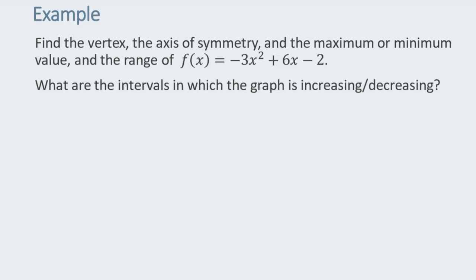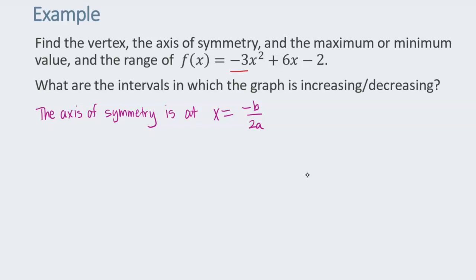Let's start by finding the axis of symmetry. The axis of symmetry will occur at x equals -b over 2a.